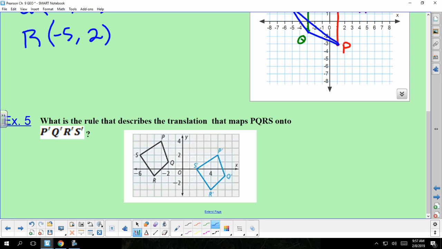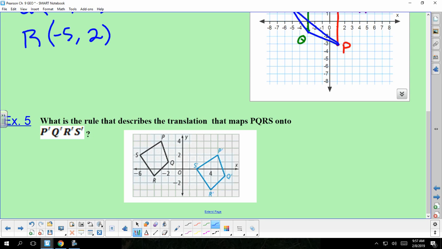When we put a prime next to this, instead of using different letters like we did for the example above, if I put this little prime symbol, which is a little dash, almost like an apostrophe, it means that is the image. The pre-image always starts with just the letters themselves, and then when we use P prime, Q prime, R prime, S prime, that is the image.